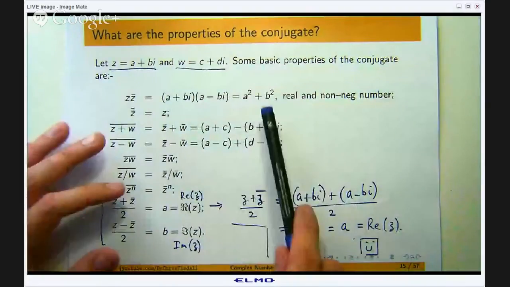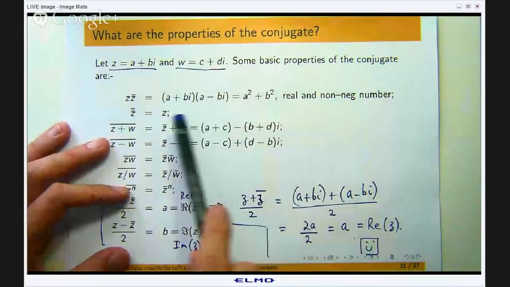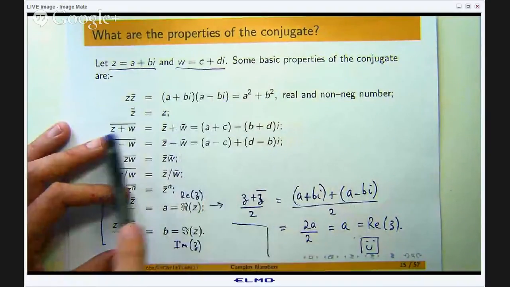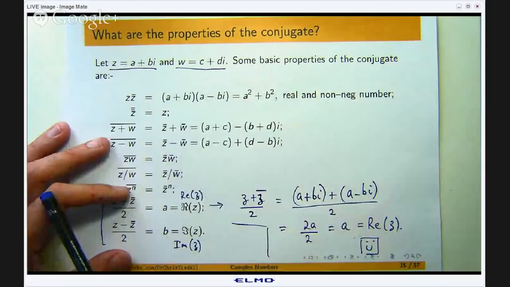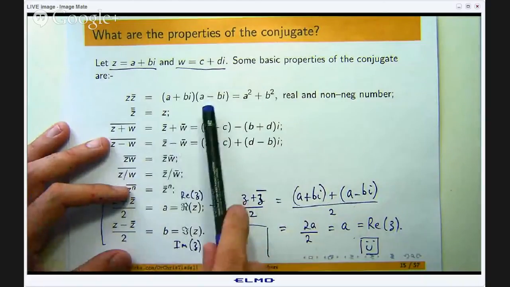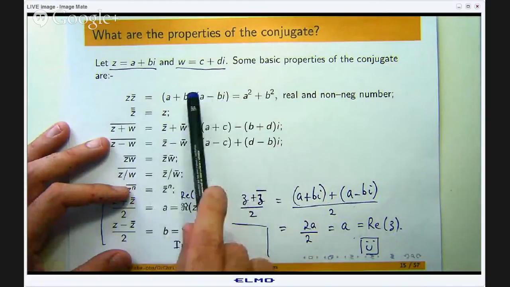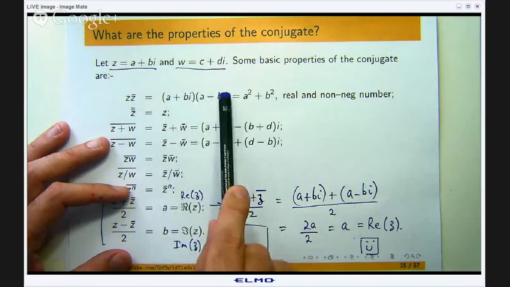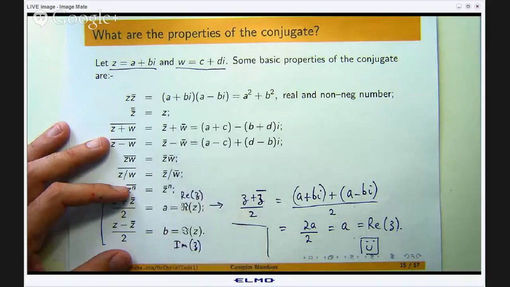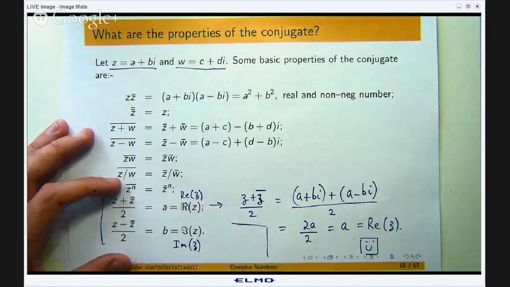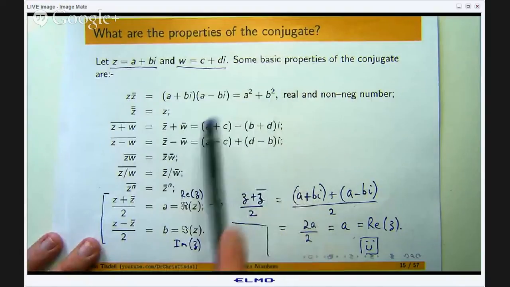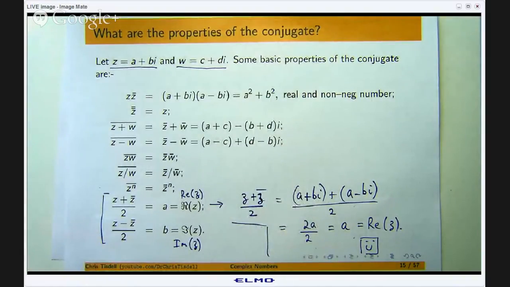And to prove this, you'll just expand this out. a squared minus b squared times i squared. Because i squared equals negative 1, that'll be a squared plus b squared. And the other parts will cancel out. You've got a times negative bi and bi times a. So when you add those together, they become 0. So this is actually the square of the distance from z to the origin.